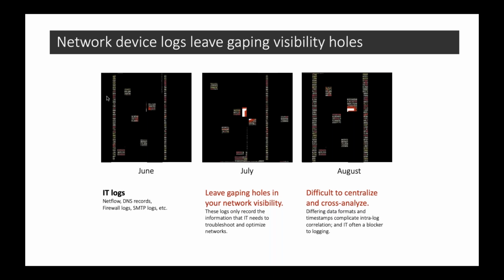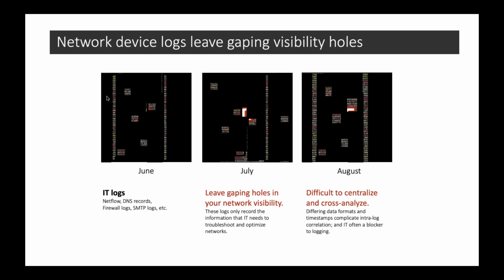A DNS server record or an SMTP server record is really oriented around troubleshooting, performance optimization, IT use cases around that physical hardware in your environment. So does it contain security valuable information? Sure, but it also leaves out a lot of information that security teams would be interested in knowing about because it's not relevant to those IT use cases. Also, those logs tend to be in disparate data formats.